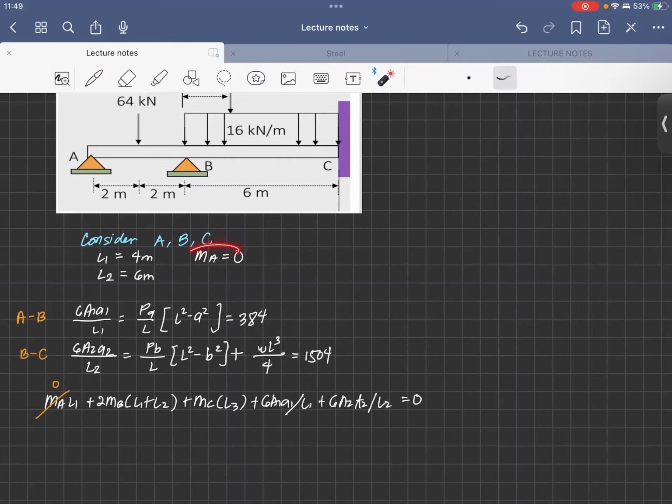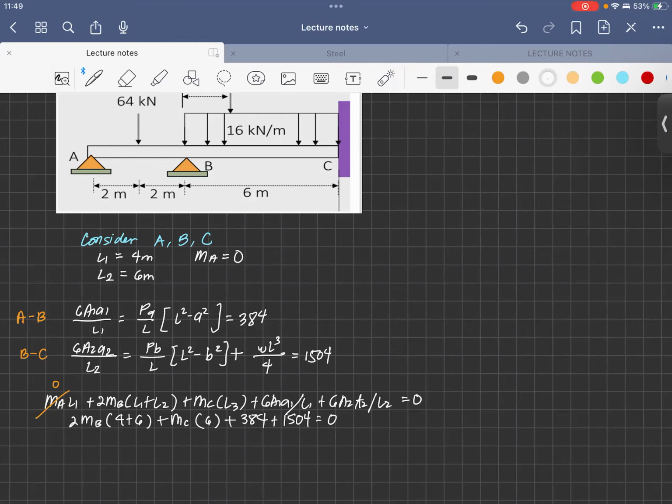We have already established that MA is 0. Then just substitute the values. We have 2 MB times (L1 plus L2, which is 4 plus 6) plus MC times 6 plus 384 plus 1504 equal to 0.